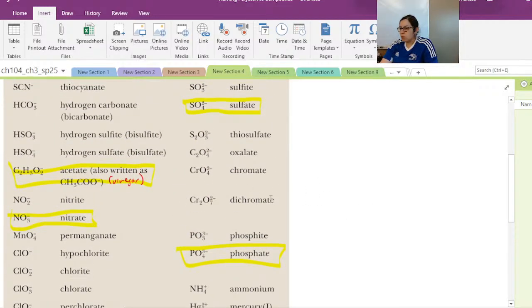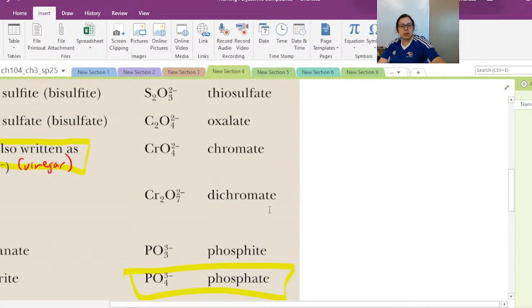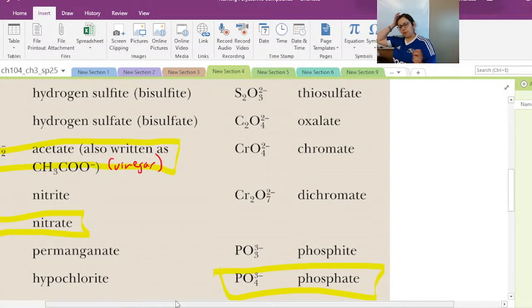So what is that called? Like what's its name on the chart? Chromium. So we want to look at our polyatomic chart though, right? So that's why. Yeah, so it should be potassium dichromate, right?